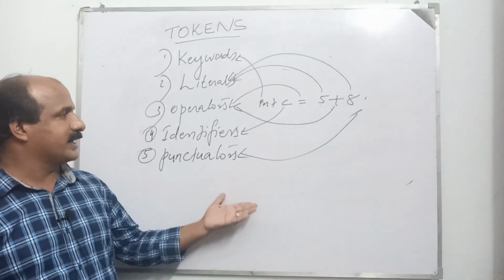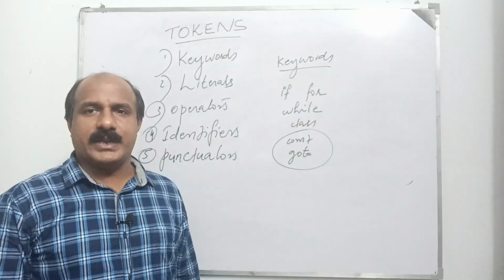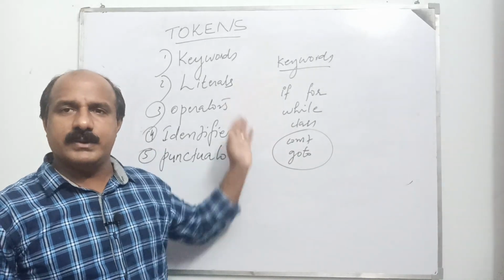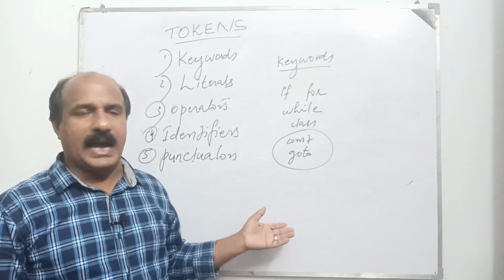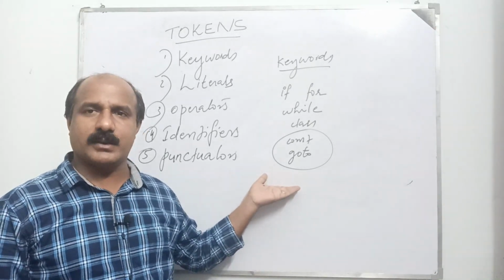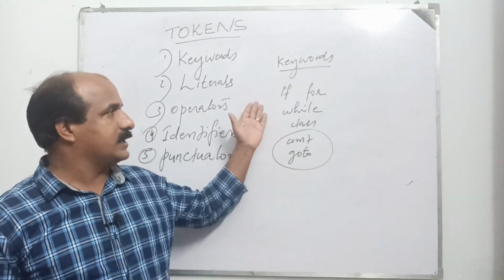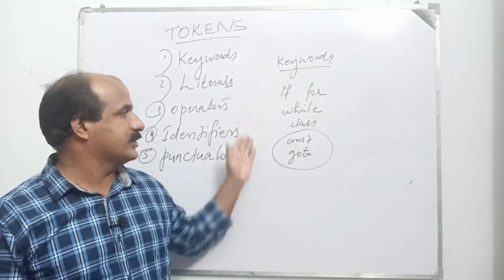So we are going to study the various tokens available in Java, and we are going to discuss keywords first. Keywords are the reserved words available in Java, and they have a particular meaning when compiled. So keywords are special words having special meaning in Java.